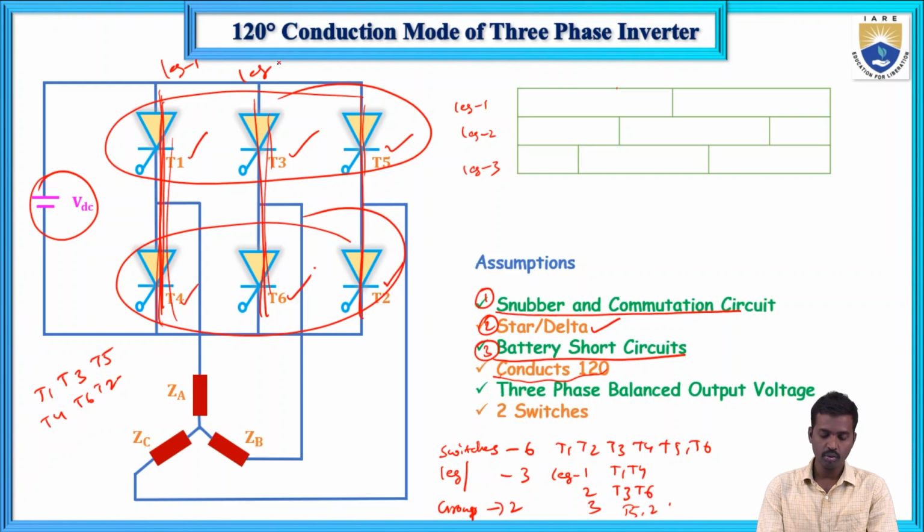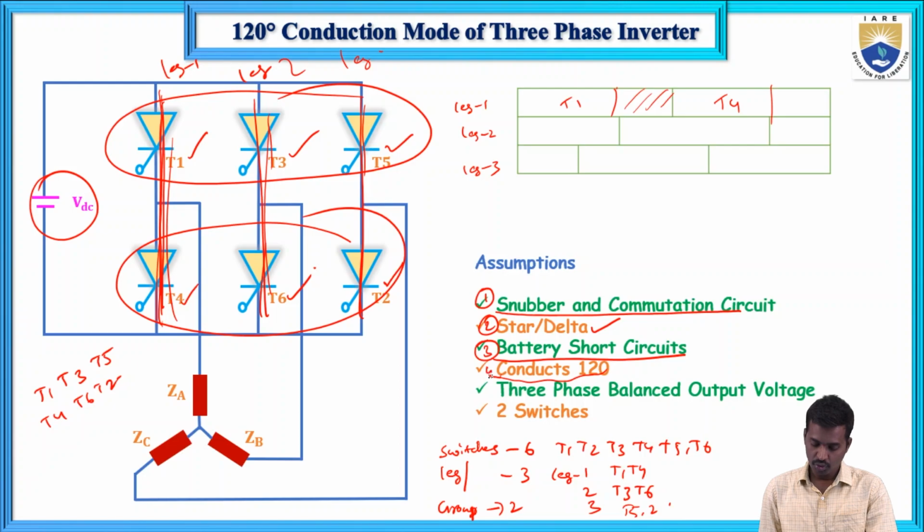T1 conducts only for a 120 degrees duration. For the remaining 60 degrees, none of the thyristors will conduct. Next, T4 will conduct. In each leg, the switches will conduct for only a 120 degrees duration.